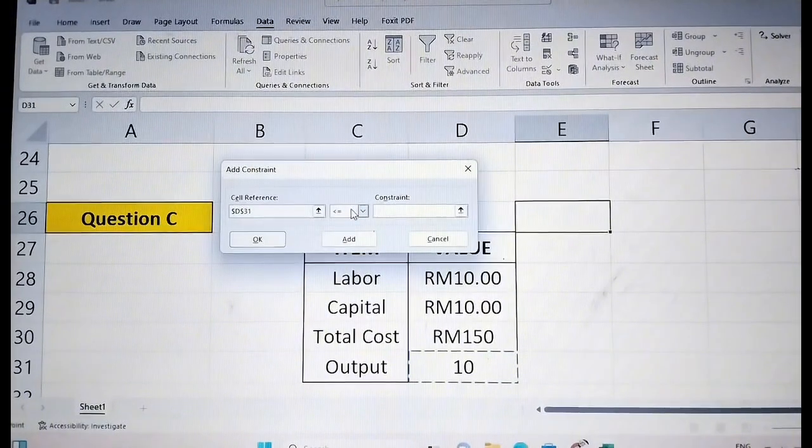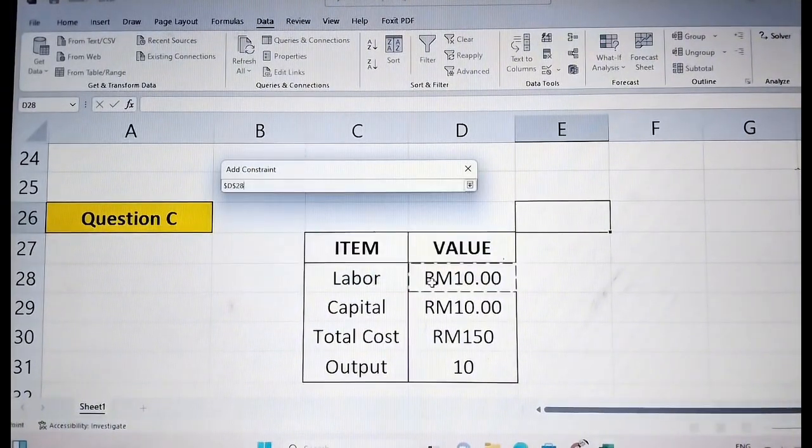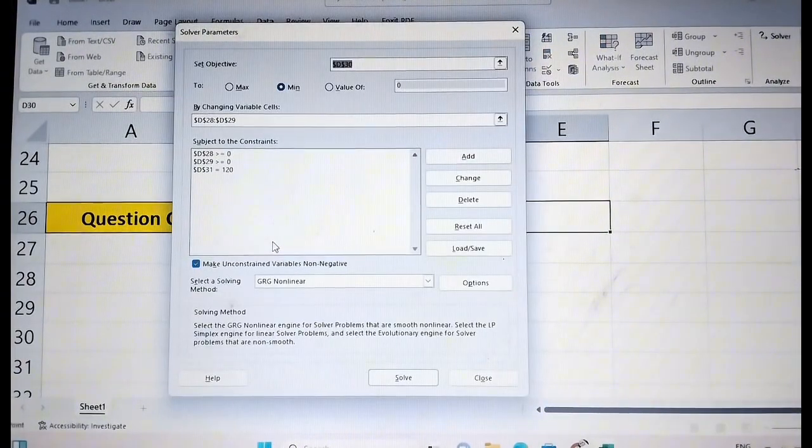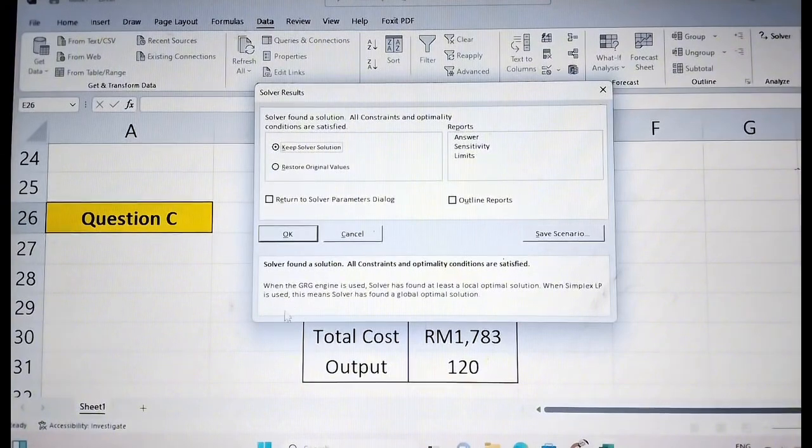Next, we added the constraint that output in D31 must be equal to 120 and both L and K must be non-negative. We choose the GRG nonlinear method since the function is nonlinear. Finally, we click Solve to obtain the optimal values of labor and capital that minimize cost.